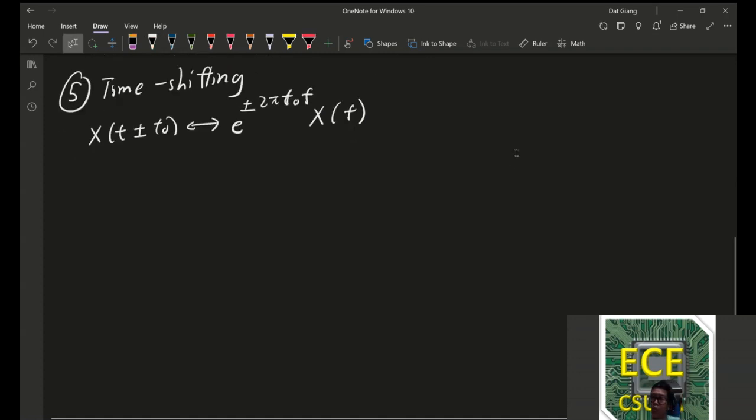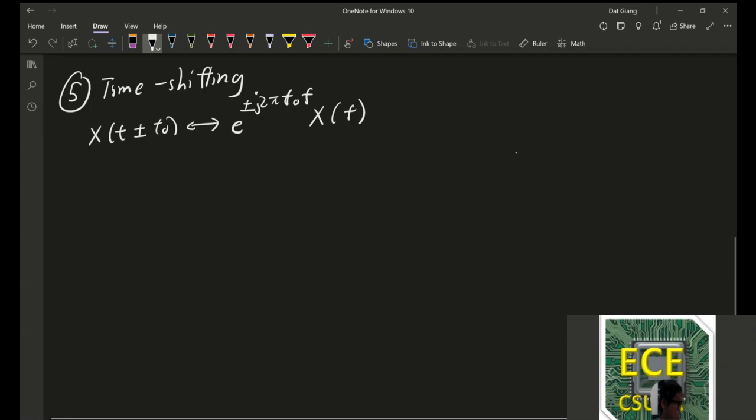Once again, this is one of the properties in which whether you apply the Fourier or Laplace transform doesn't change it. It's still the same form for the most part. Oh, and there's a j over here.